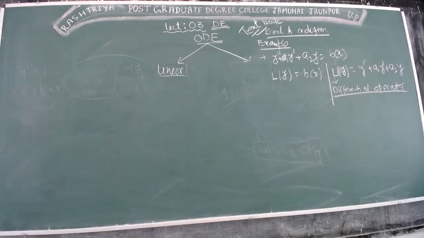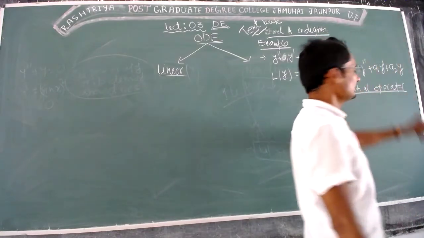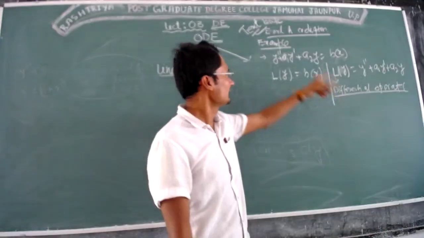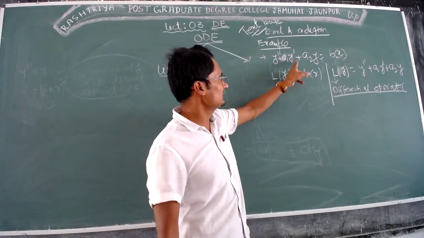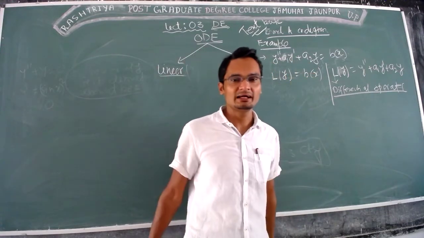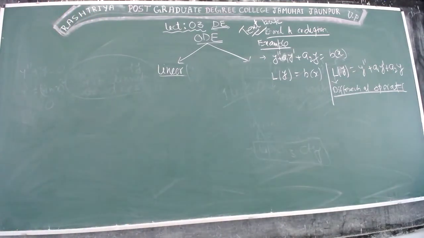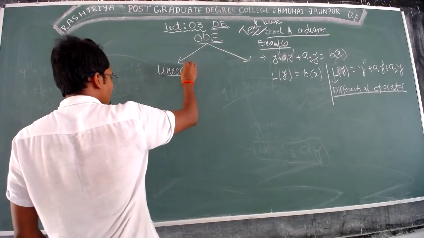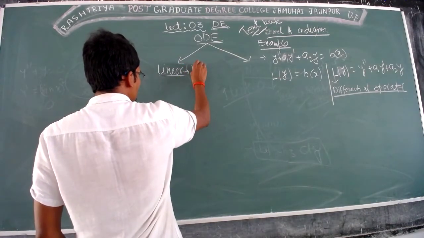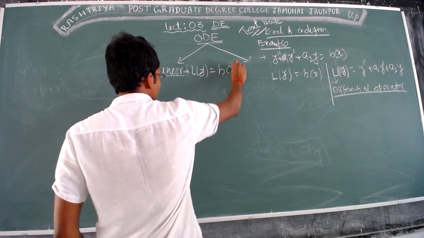Throughout this class, I am going to use Ly equal to d(x). Ly will be this; if it is third order, we will still use Ly. So for the linear case, I am using the standard notation Ly equal to d(x).